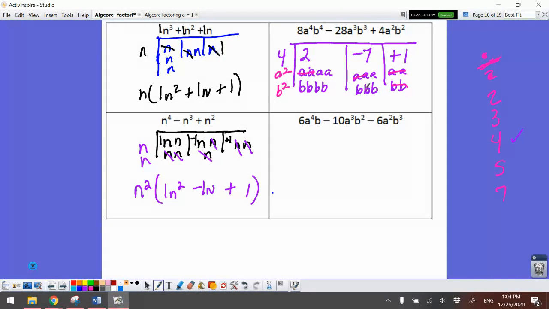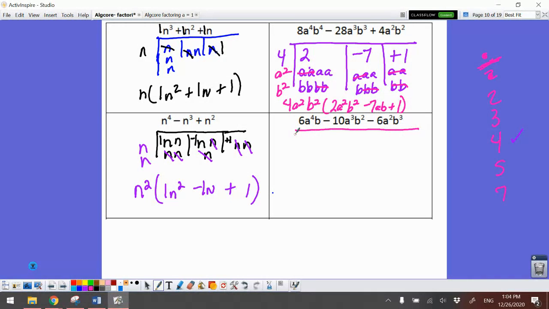So notice I just wrote B squared because that's the same thing as taking out 2 B's. It's B and a B. So my answer is 4A squared, B squared. And then what I have left is 2 and A squared, B squared, minus 7 and A and a B, and a positive 1. That's all that's left on that last one.